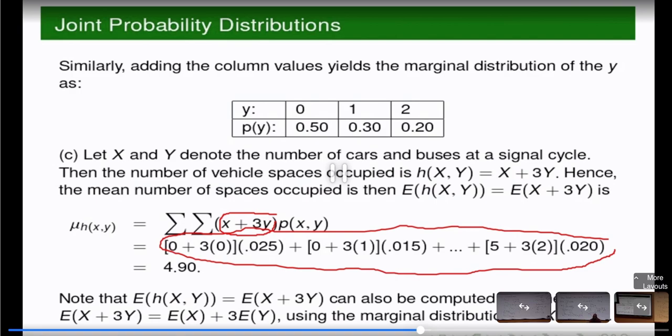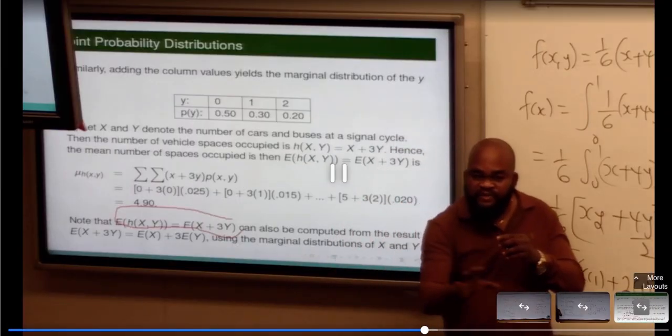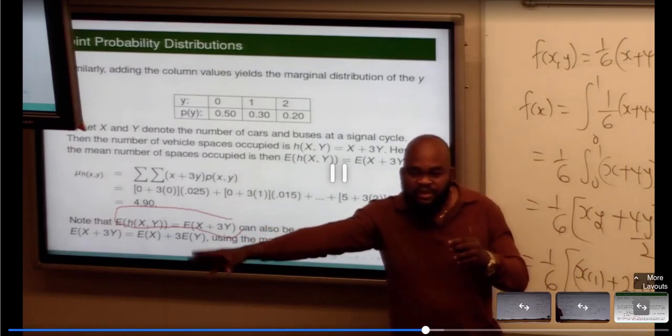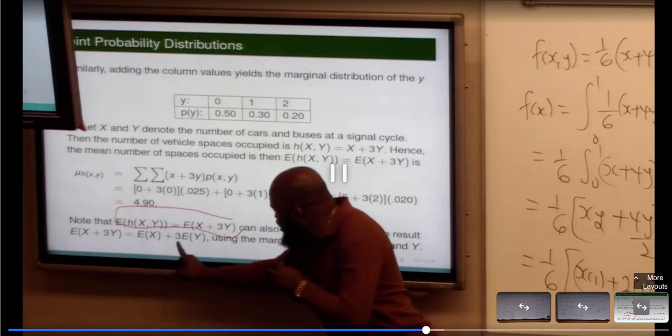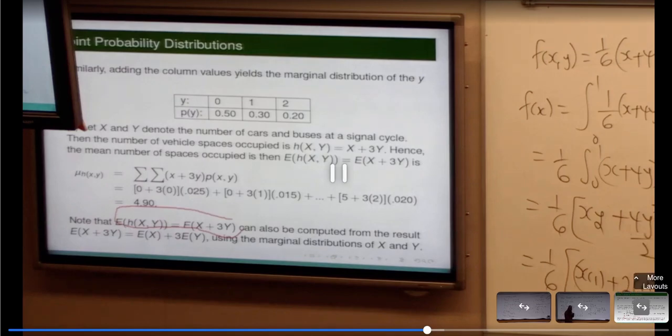Alternatively, if I want to find this guy based on what you've done before, this is going to be the expected value of X plus 3 times the expected value of Y. From the marginal table that you created for X and Y the other time, you can find the mean of X separately, and the mean of Y separately. All you need to do is plug them in, multiply by 3, and you're going to get the same result as that. Why don't you try that? It's also going to give you the same result.